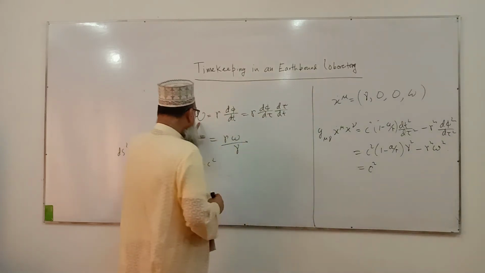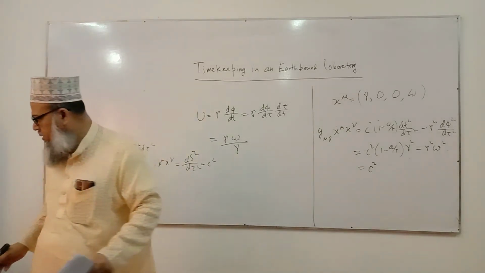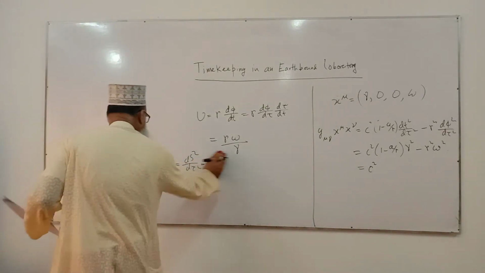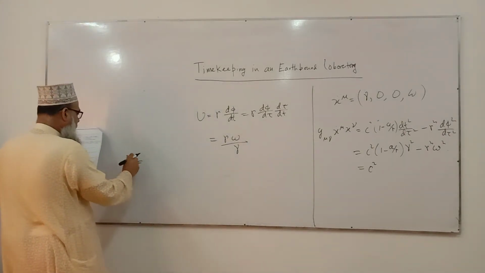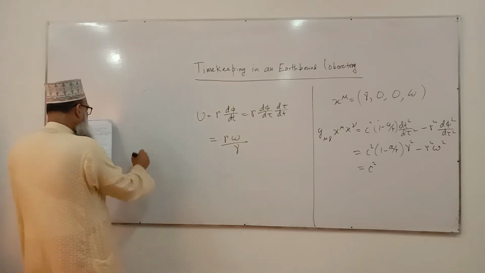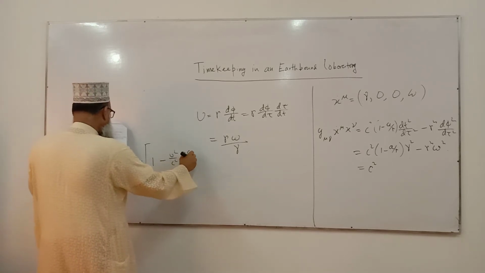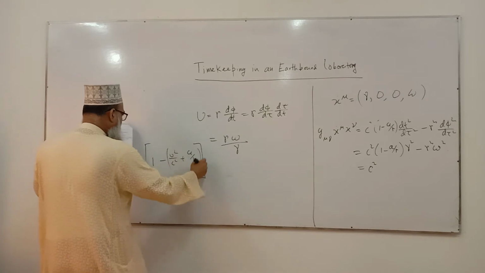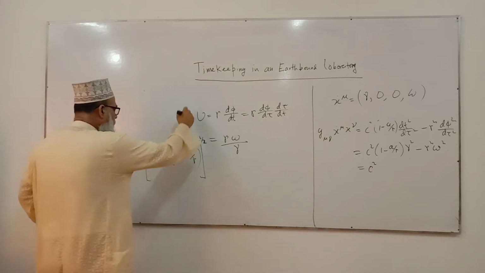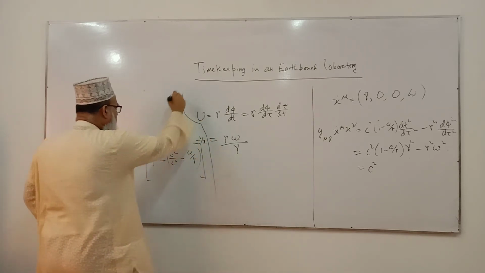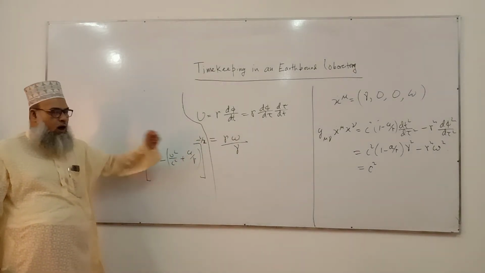Then eliminate ω using this relation. You will find γ equals (1 minus v squared by c squared plus a by r) to the power minus half.